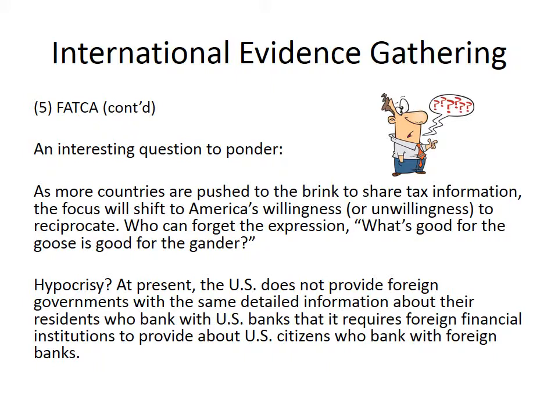So at some level, there is hypocrisy going on here. The U.S. government is essentially asking foreign governments to do something that it hasn't, or that it's not willing to do.